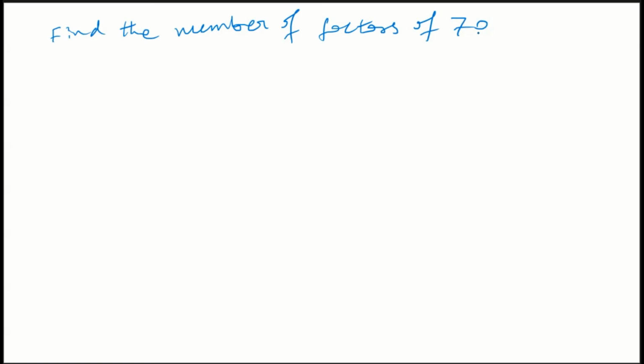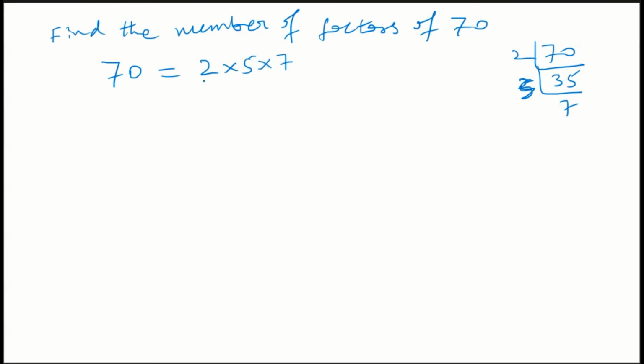If you want to find the number of factors of 70, then find the prime factorization of 70. 2 35s are 70, and 35 goes with 5 7s. 7 is a prime number, it cannot be written further, so 2 into 5 into 7. Now this is the prime factorization of 70, where the powers of those prime factors are 1, 1, 1.